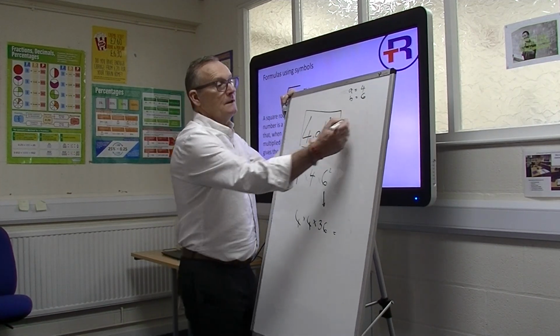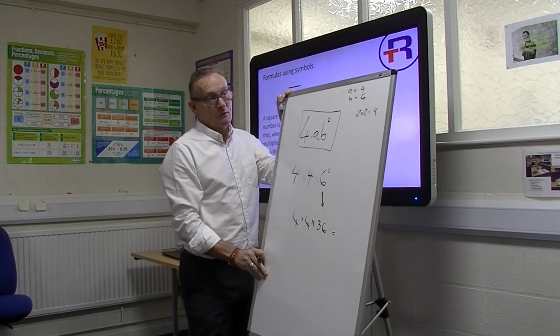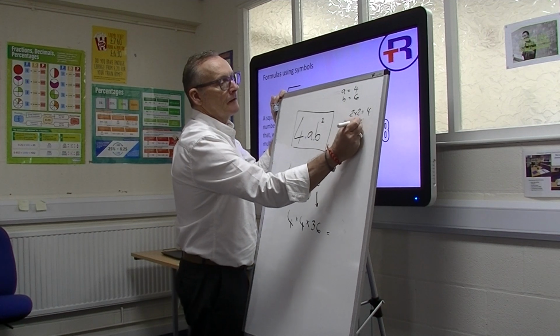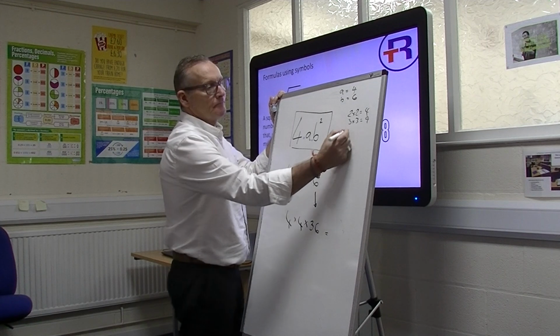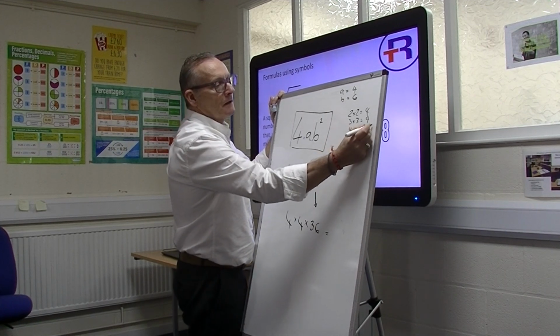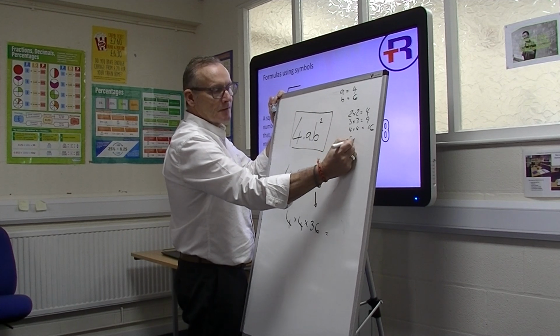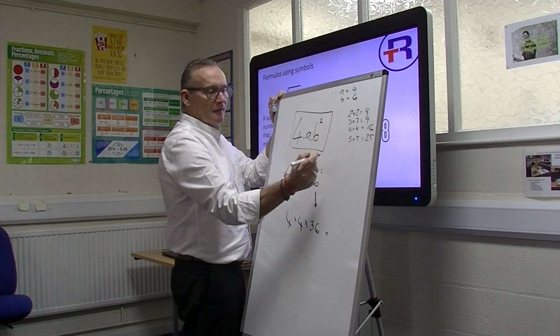Basically, the only ones you need to remember are: the square root of 4 is 2, 2 times 2. The square root of 9 is 3, 3 times 3. The square root of 16 is 4, 4 times 4. You can see where this is going. The square root of 25 is 5.